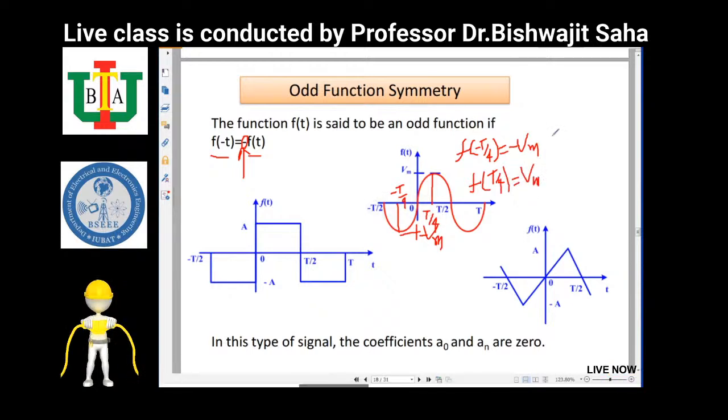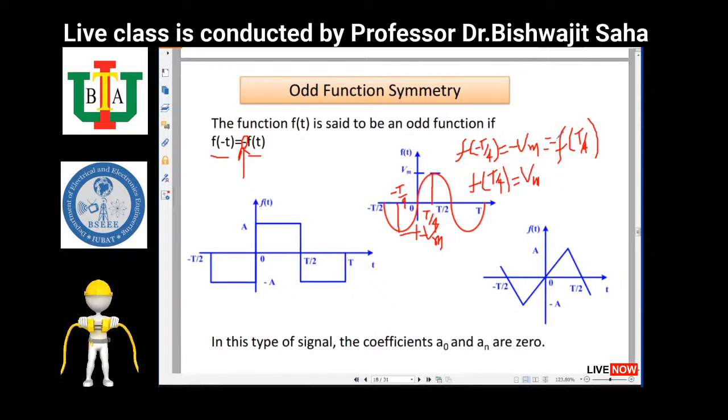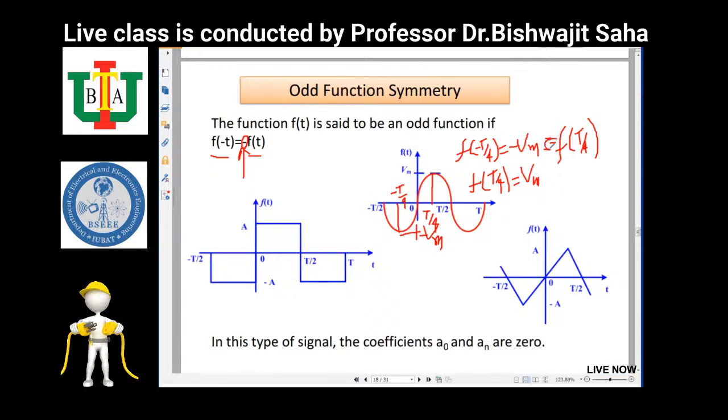So we can write this as minus f of T by 4. Here the minus sign comes, so the condition is fulfilled for odd function symmetry. So any kind of sine wave signal has odd function symmetry.